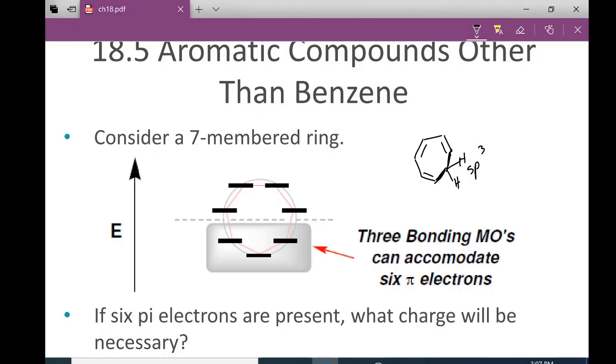But can we do something to make this thing aromatic? Because if these are our bonding molecular orbitals here, then we can only put 6 electrons in there, right, to have something be aromatic. So what can we do to basically make this molecule aromatic out of the 6 pi electrons that already exist? Well, what if this wasn't a hydrogen?